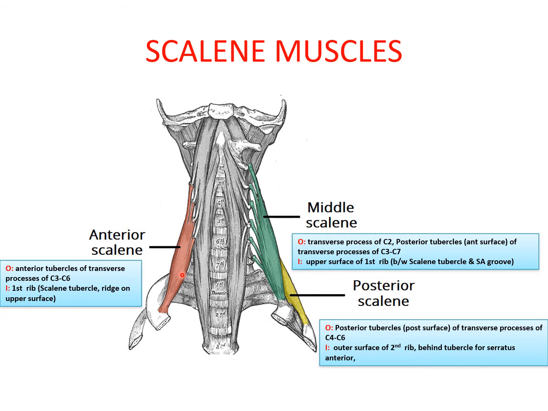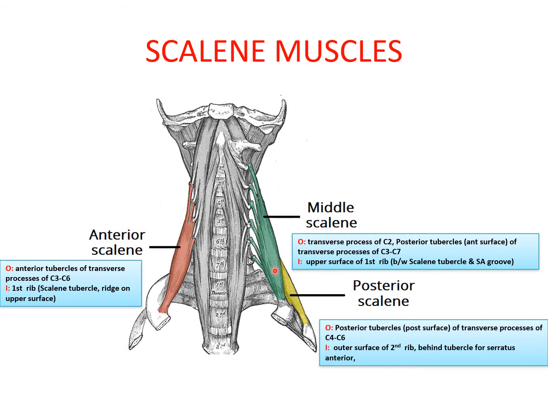The anterior scalene muscle takes origin from the anterior tubercle of the transverse process of the C3, C4, C5 and C6 cervical vertebrae. It is inserted on the scalene tubercle, which is a ridge on the upper surface of the first rib. You all have already read about the scalene tubercle.